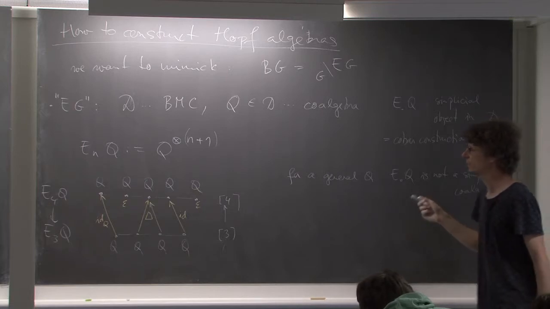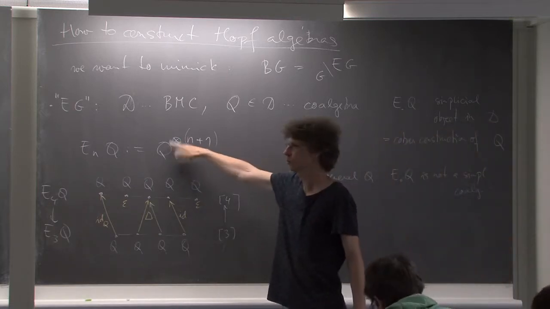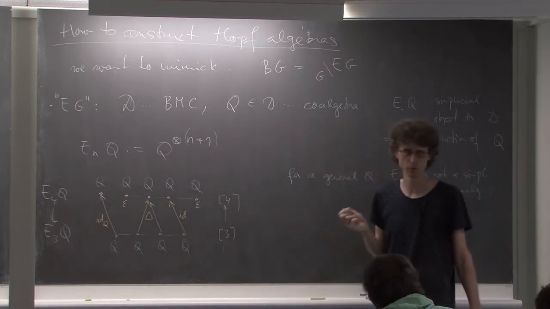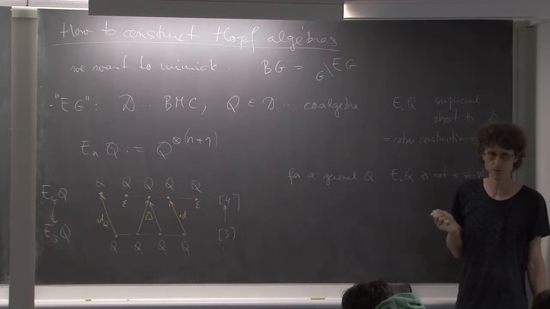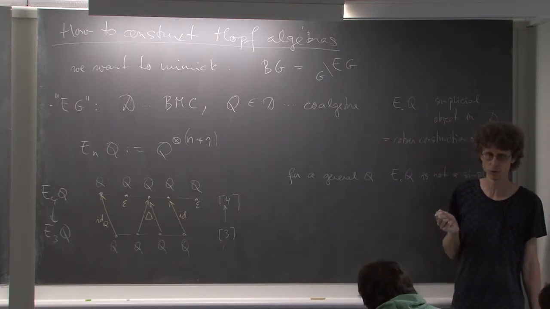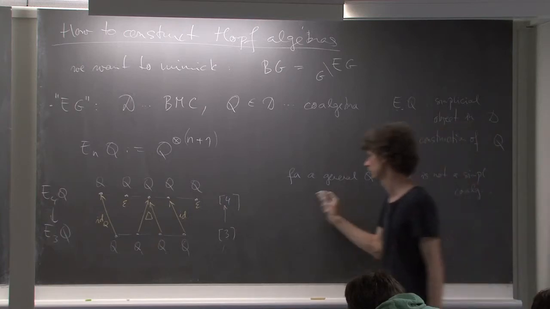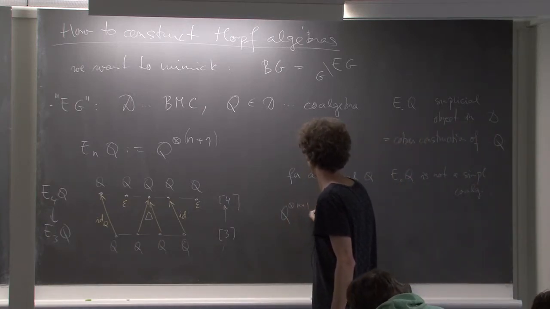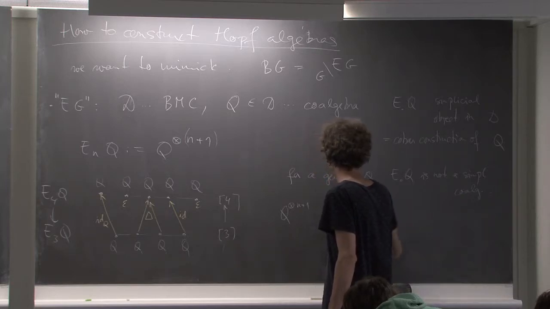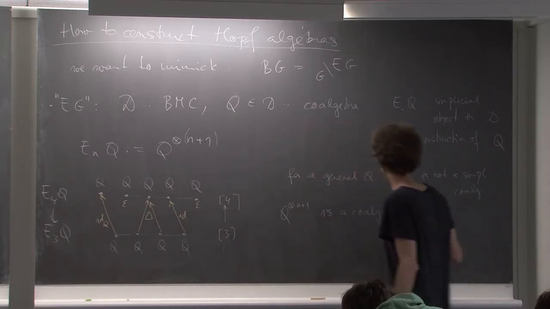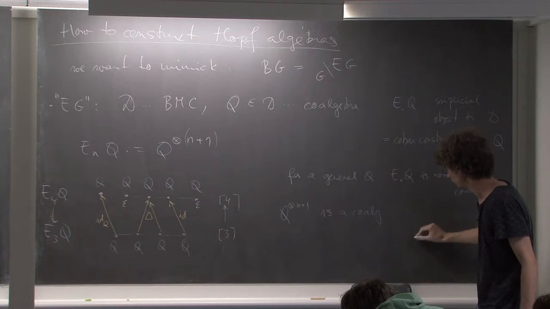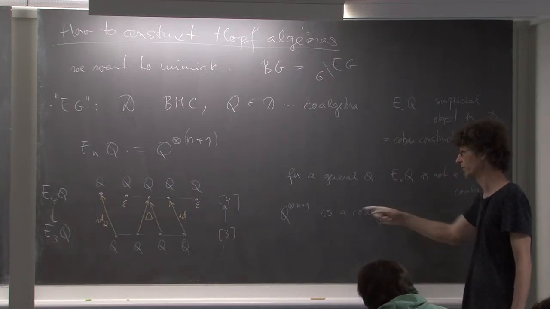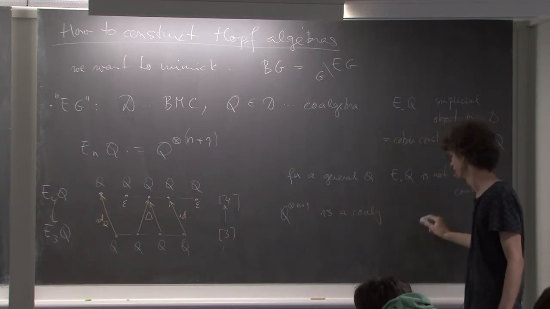What do I mean by that? You know, the tensor product, or also tensor power, of coalgebras is a coalgebra in a braided monoidal category. So Q power n plus 1 is a coalgebra. Maybe a little reminder how it goes for n plus 1 equal to 2.